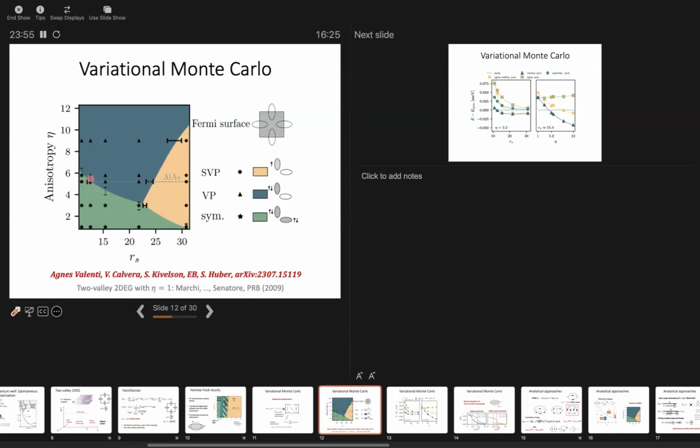In experiments, it's 20, not 12, but at least it captures some of the correct physics. The value is not so off. We don't get this intermediate threefold phase. We get a direct transition from the symmetric phase directly into a valley polarized and spin unpolarized phase. And we actually think we understand what was missing to push this transition even further.